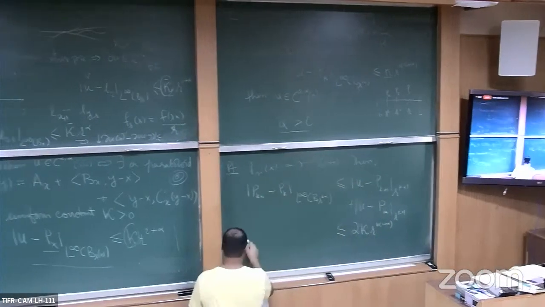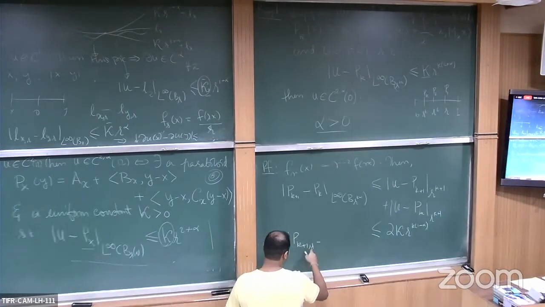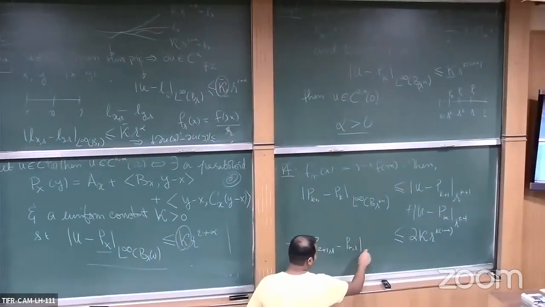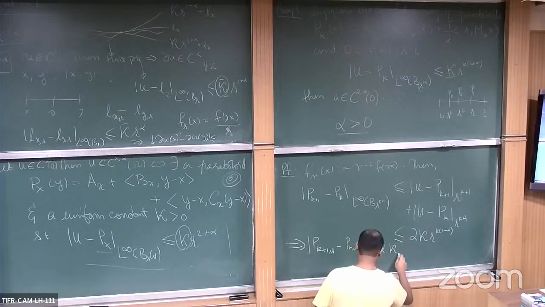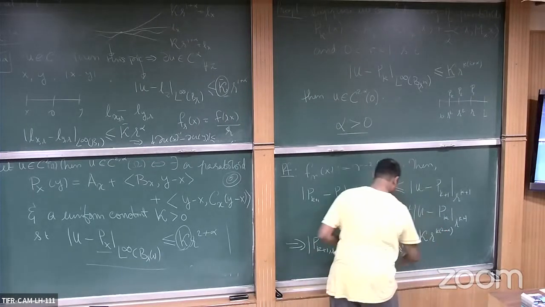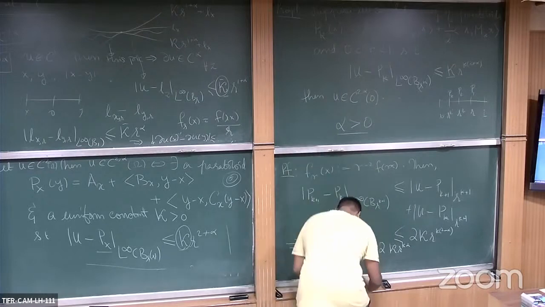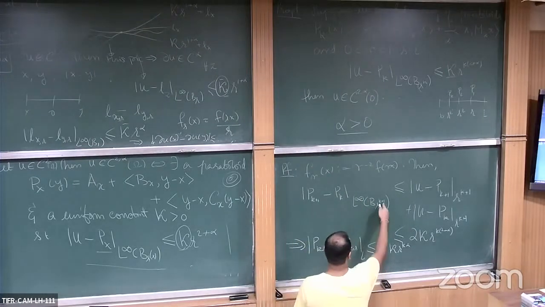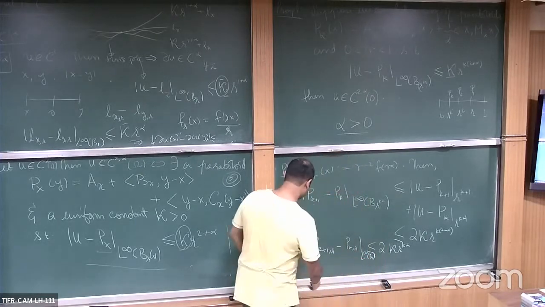Which means if I do the quadratic rescalings, this is P_{k+1}, this is a rescaling of P_k, quadratic rescaling, is less than or equal to 2 constant r^{k alpha}. Right? Because this 2^k will go here. I'll do that k plus 1. And since I've rescaled, this is in B_1. Okay? So I get this estimate here.